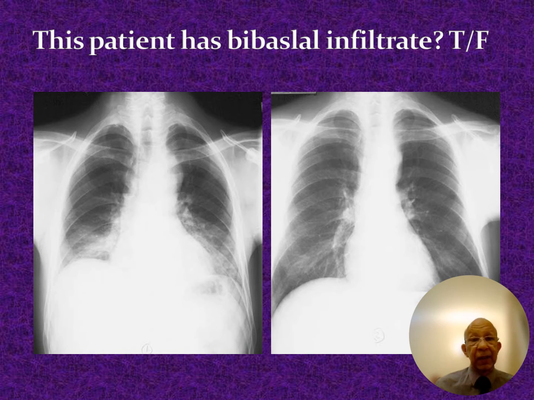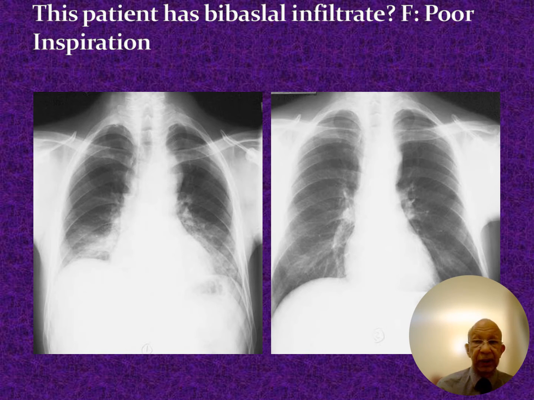Right? Now another one. You can see that this patient actually seems to have some basal infiltrate, but as a matter of fact, they're the same patient. The difference is simple: it is the poor inspiratory effort.